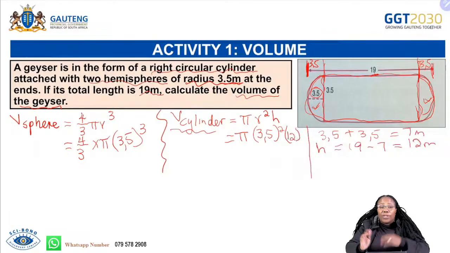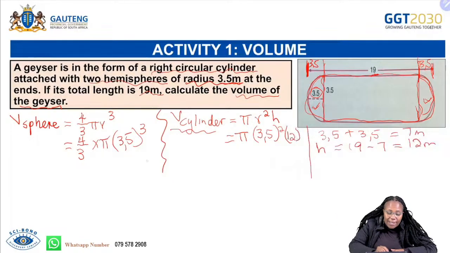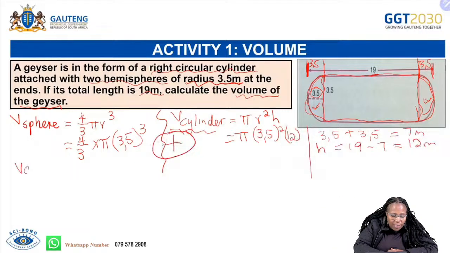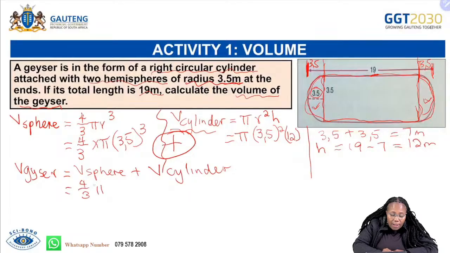And then now, to get the volume of the whole geyser, you must add up these two calculations to get the whole geyser combined. So the volume of the geyser will be the volume of a sphere plus the volume of the cylinder, of which is 4/3 pi 3,5 cubed plus pi 3,5 squared into 12.